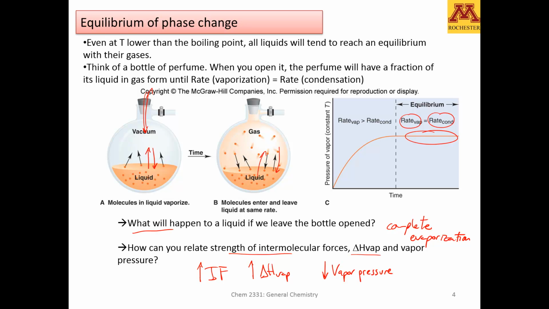That is, the lower will be the vapor pressure. This is a very important relationship that should make sense, because as the molecules interact with each other more strongly in the liquid, they'll be less likely to be in gas form. So their vapor pressure will be lower.